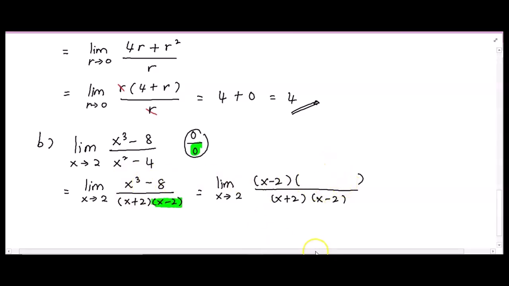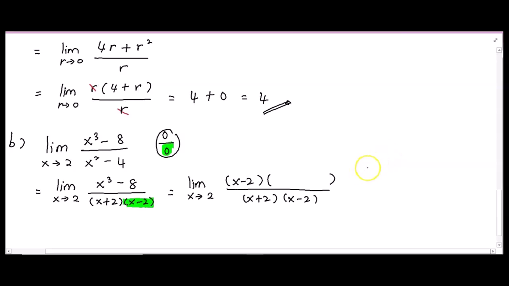I can use long division or the comparing coefficient method to get the quadratic factor. Here, I use long division, which means I need to divide x cubed minus 8 by x minus 2. So I will write x cubed minus 8 as x cubed plus 0x squared plus 0x minus 8, divided by x minus 2.